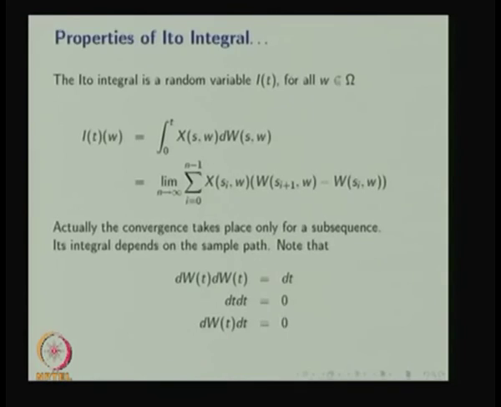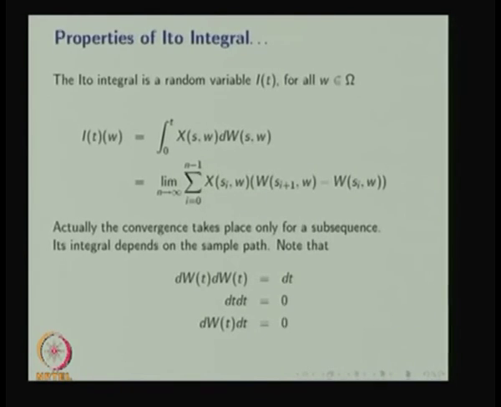Actually, the convergence takes place only for a subsequence. That means I(t) is a random variable, the convergence of the right-hand side limit of this summation. And the integral depends on the sample path, because you are finding the difference W(s_{i+1}) minus W(s_i).